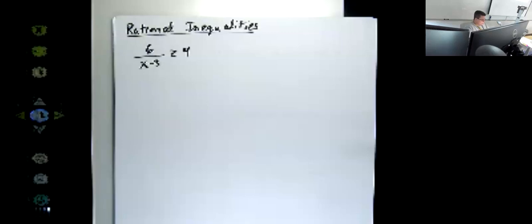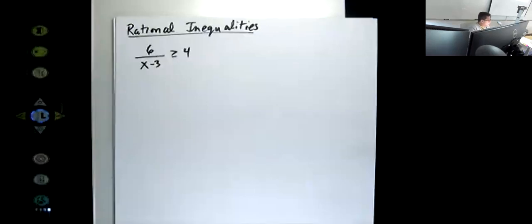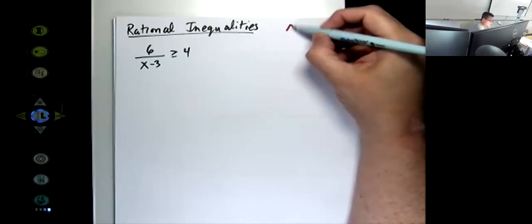I'm gonna show you the right way rather than the wrong way. Everybody else will say just multiply through by x minus 3. That's not the right way to do it. We want to get all the terms on one side with a common denominator.